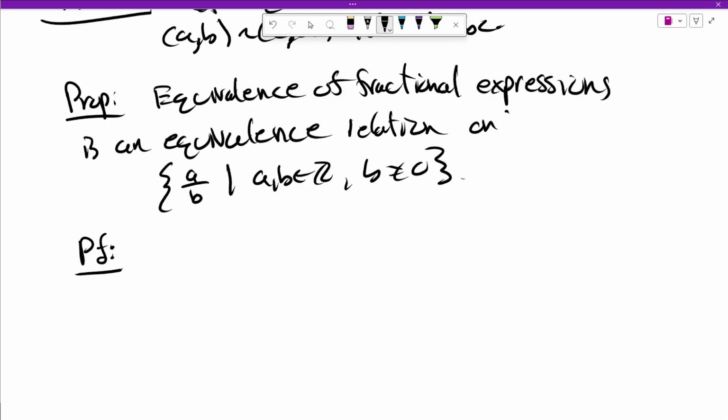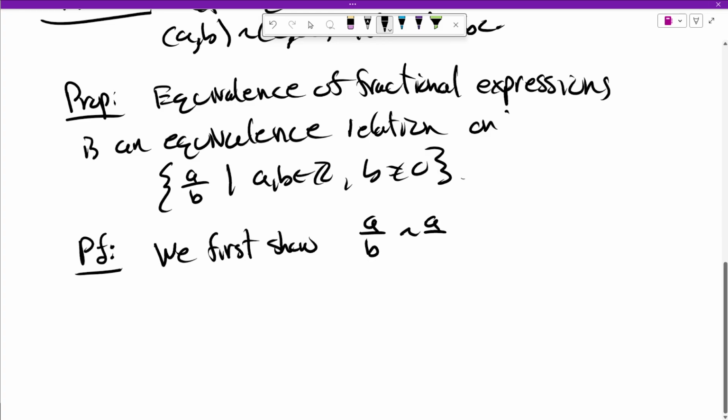So, how do you prove something is an equivalence relation? We first show that it's reflexive. So A over B should be related to A over B. Okay, how do we show that A over B is related to A over B? Well, we need to show that the if and only if condition is satisfied. Namely, we have to show that the cross products are equal.